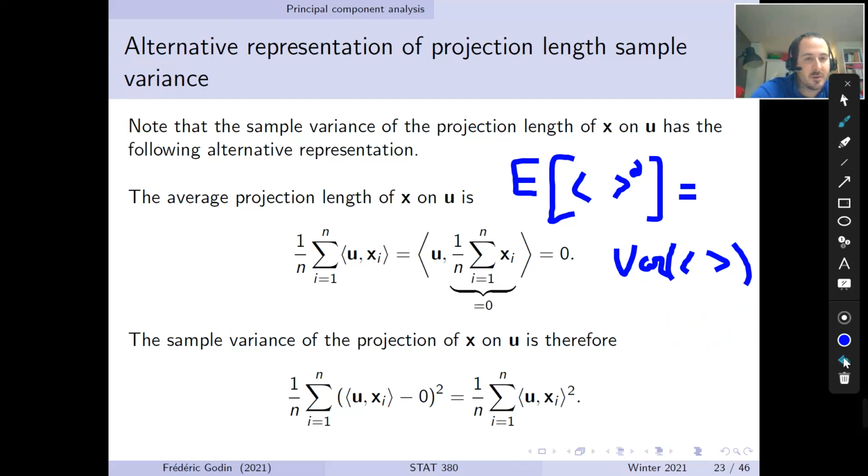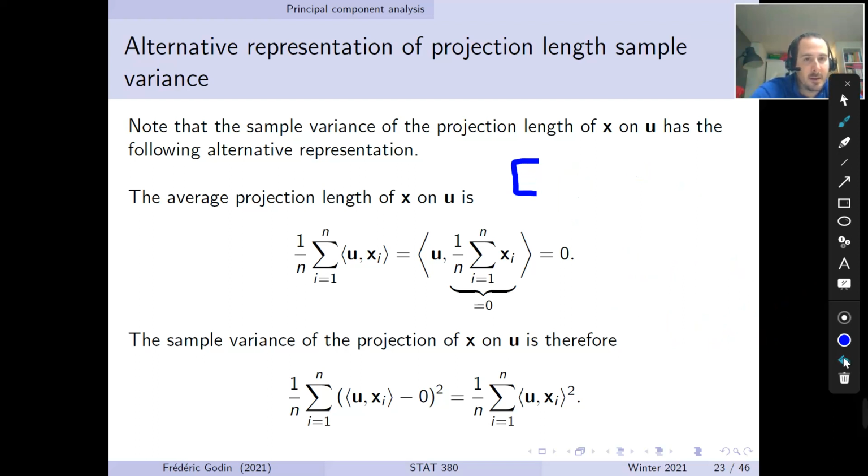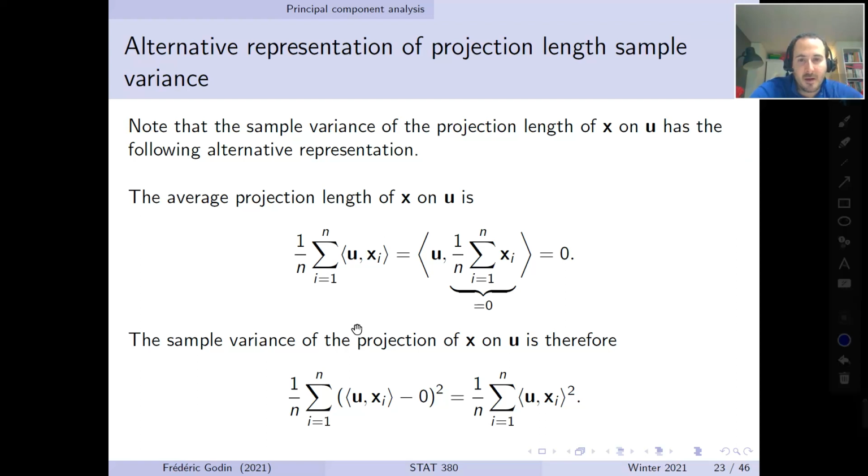Let's continue to expand on this a bit. The sample variance of the projection of x, where x is any observation, on u is therefore, using the regular definition of the variance, the sample average across all observations of the projection length minus its mean, squared, and the mean is 0. So this is 1 over n times the sum across all observations of the squared projection length.